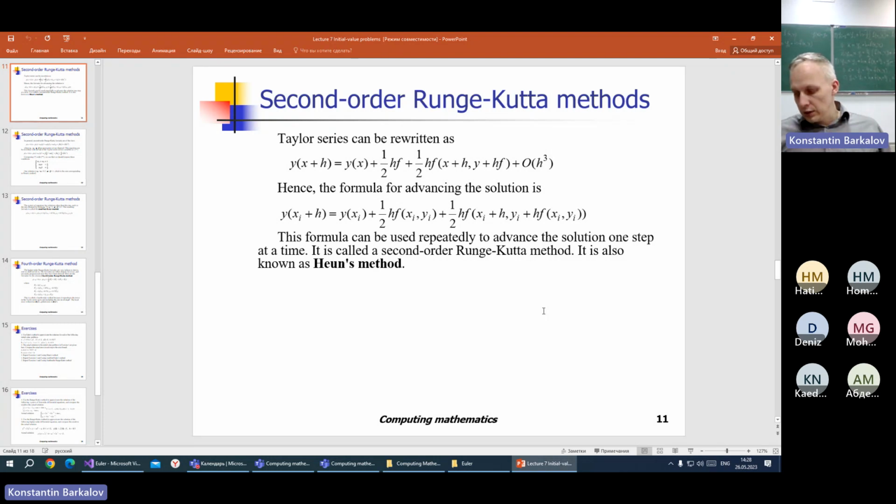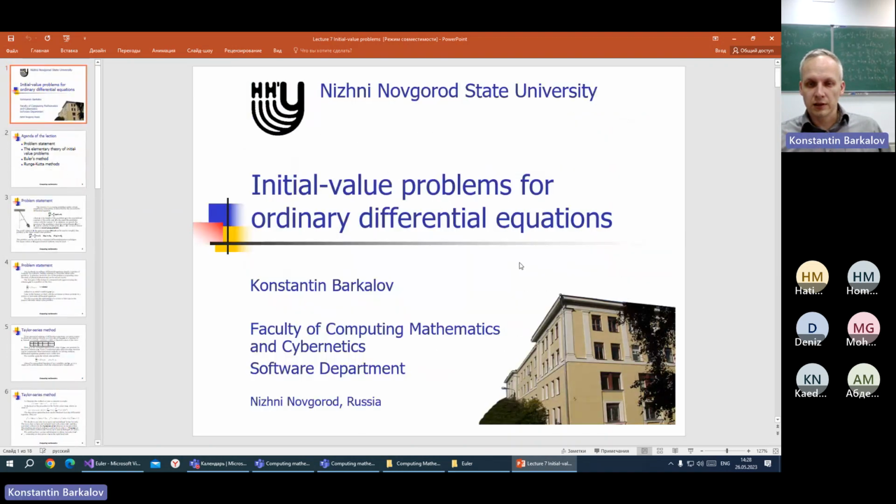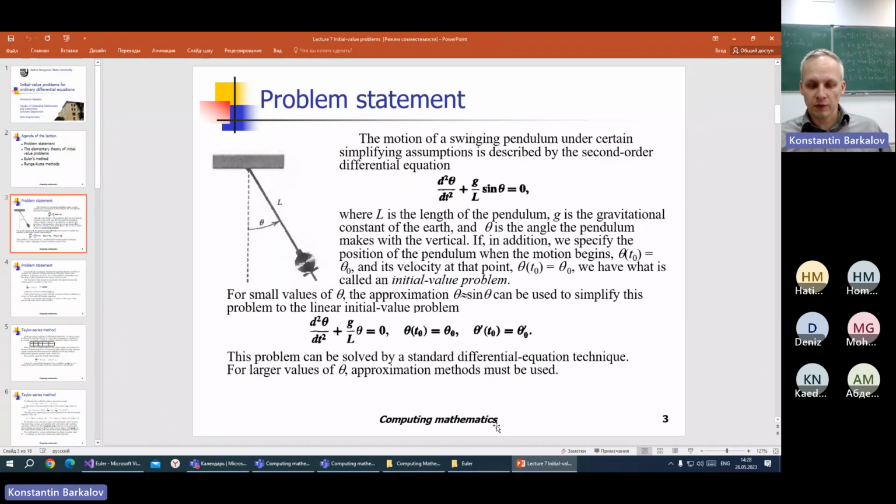And we consider some simple example. We take this example from the very beginning and we solve it. We find the position of the pendulum using the methods for solving second order differential equations.